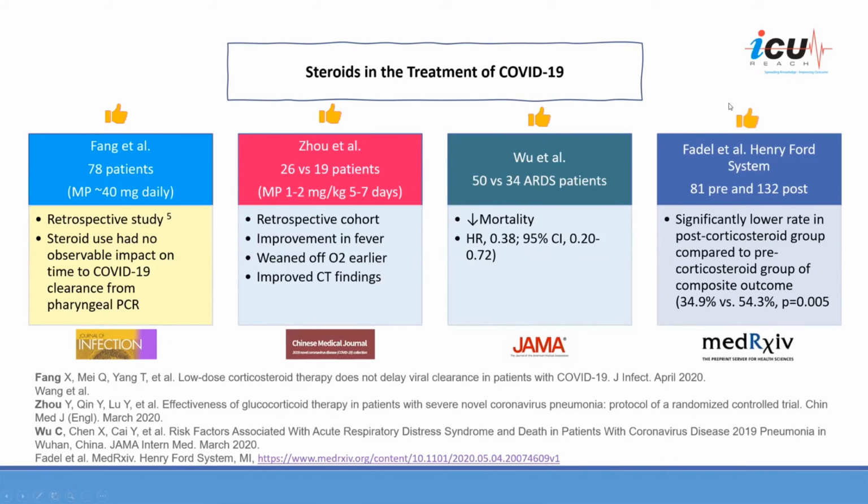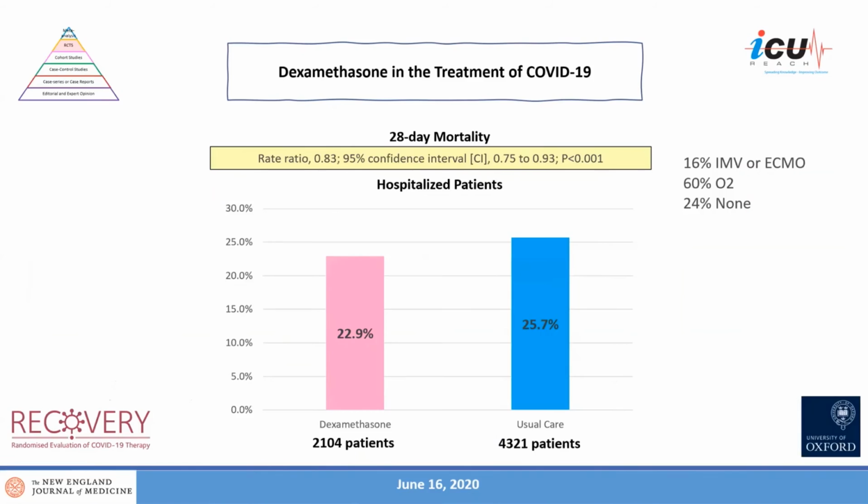This was published after the recovery trial, and they looked at pre and post: 81 patients before they implemented a corticosteroid protocol versus 132 patients, and it was also positive with decreased mortality from 54% down to 35%.